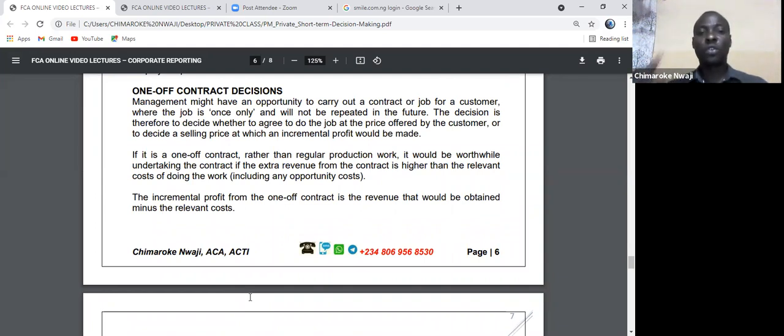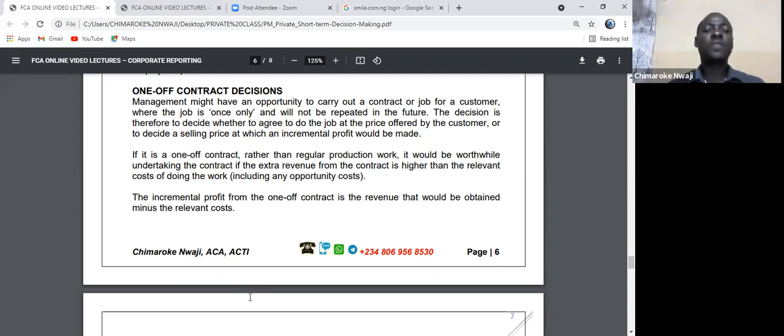So it's just one-off, once in a blue moon. The decision, therefore, is whether to agree to do this one-off job at a price offered by the customer, or decide a selling price at which an incremental profit will be made.